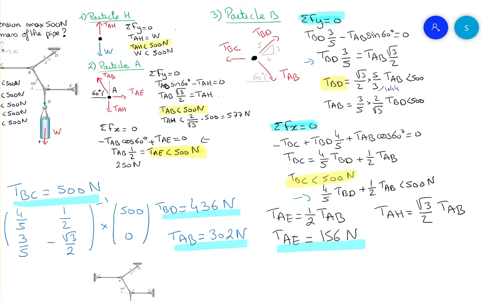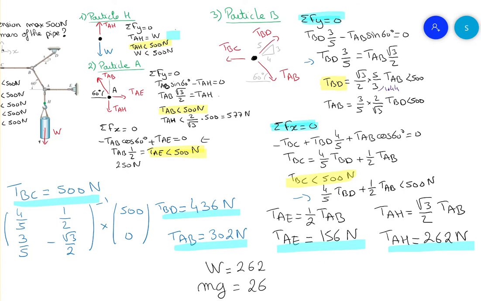This is 252, so TAH is equal to 252 Newton. Okay, and we are almost there. So we have TAH now, still below 500. And now we know from this equation of the particle H that TAH equals W. So we got W equal to 262.